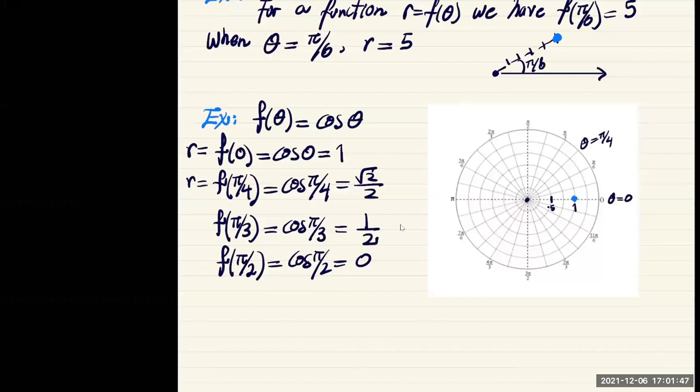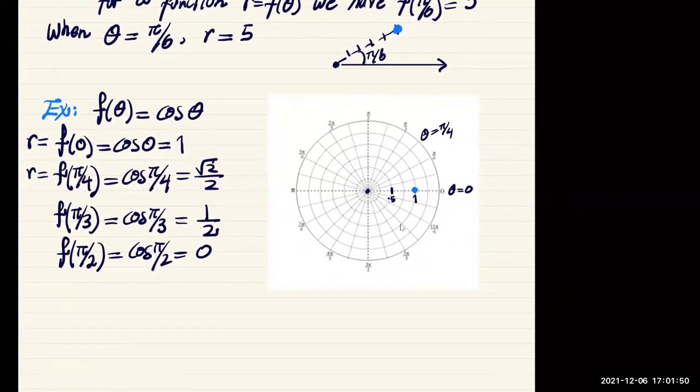Root 2 over 2 is about what? Does anybody know? About 0.7. So go about 0.7 away from the pole. We should be right around here. This distance is root 2 over 2.